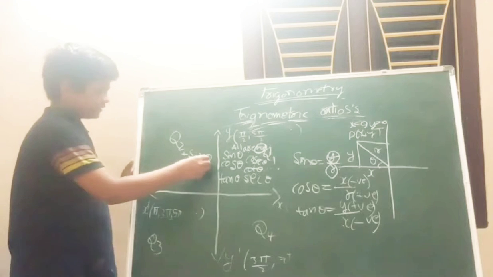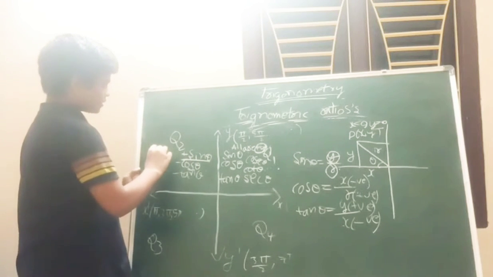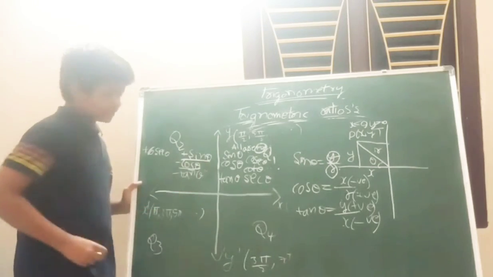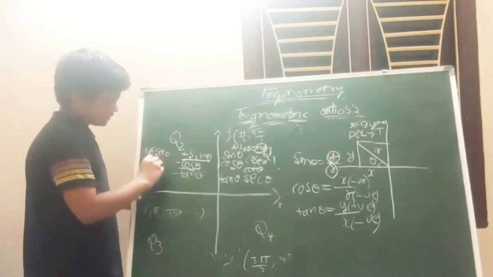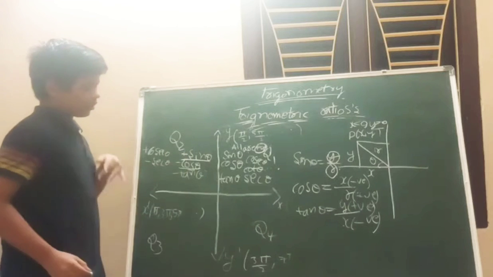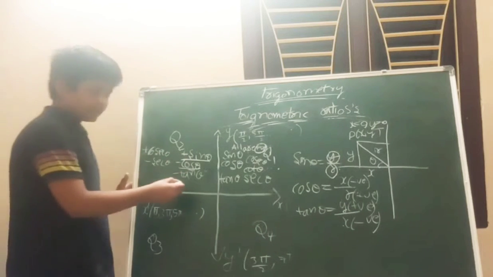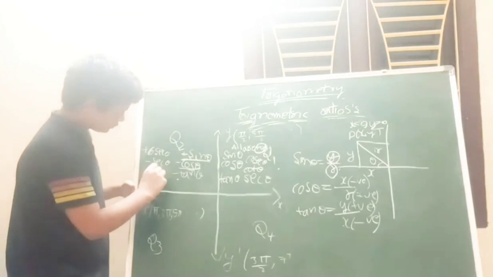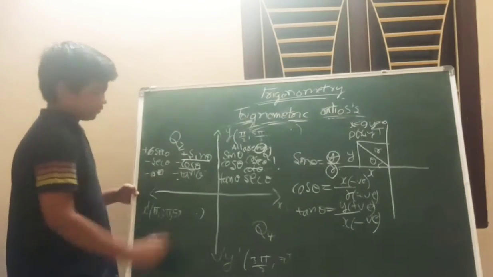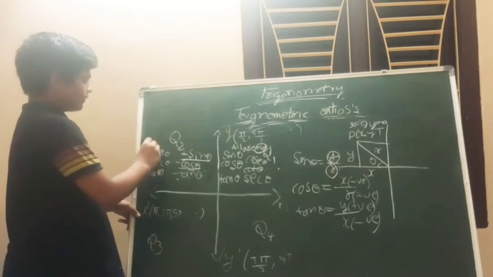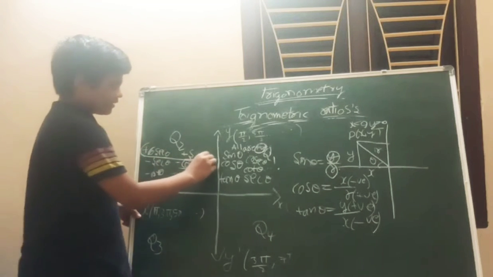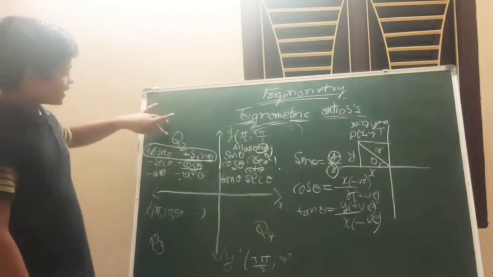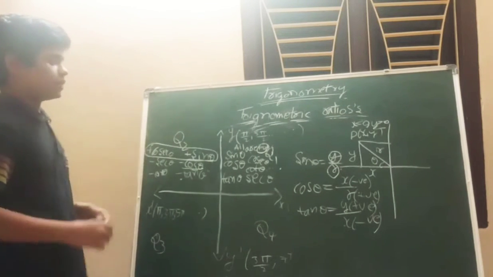Again, the reciprocal of sin theta, that is cosecant theta, is positive, the reciprocal of cos theta, that is secant theta, is negative because cos theta is negative, and the reciprocal of tan theta, that is cot theta, is also negative. So in quadrant 2 only cosecant theta and sin theta are positive.